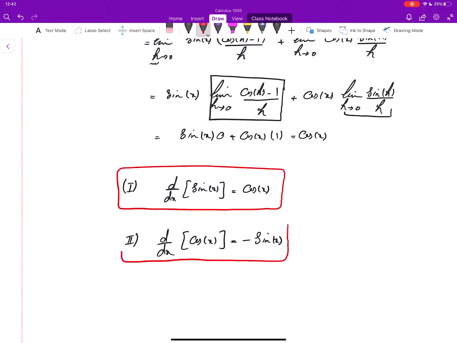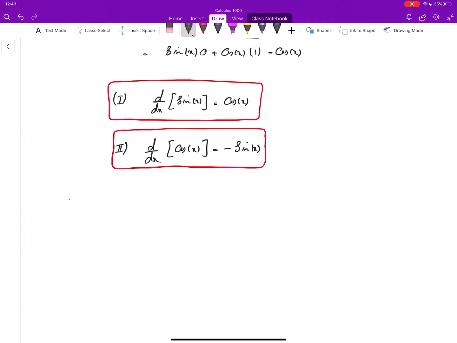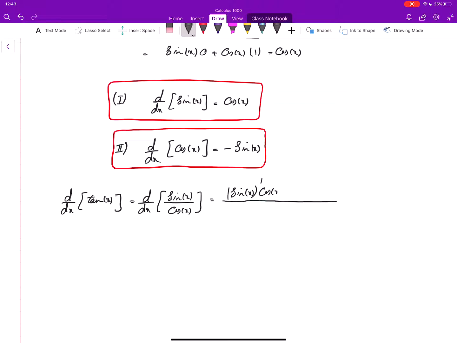And what is important at this stage is that every other trigonometric function can be written in terms of sine and cosine. For example, the derivative of tan. What is this guy? Tan, we know, is sine x over cosine x. This is a quotient of two functions, so we can apply the quotient rule. So derivative of sine x times cosine x minus sine x times derivative of cosine x, over cosine squared x.